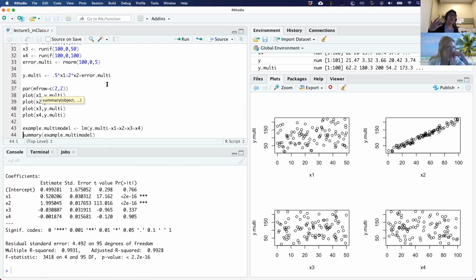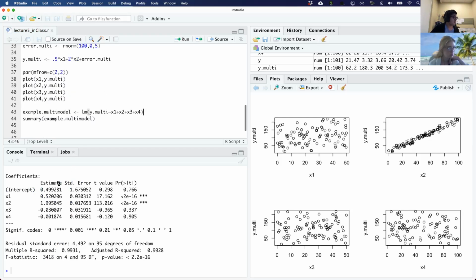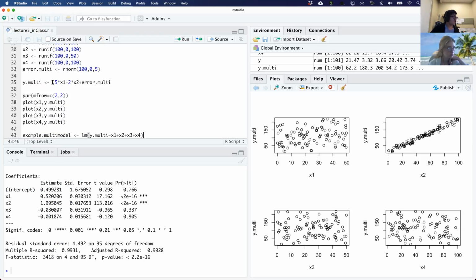So we can see that linear regression is a really powerful tool in honing in on something that leads to some kind of effect, right? We observe the true form of the relationship is 0.5x1 and 2x2.